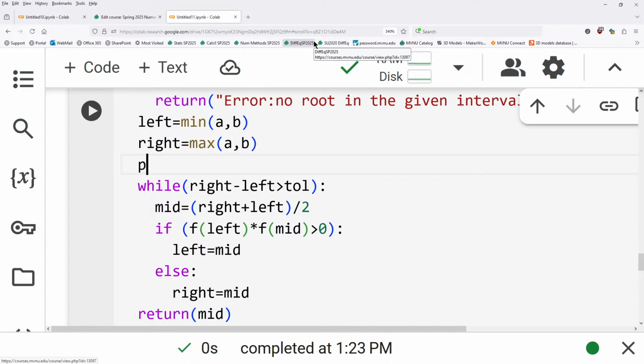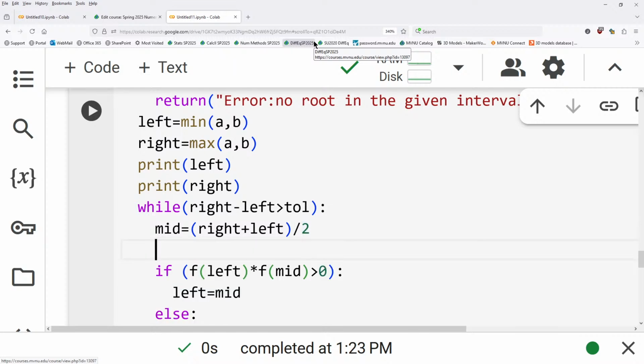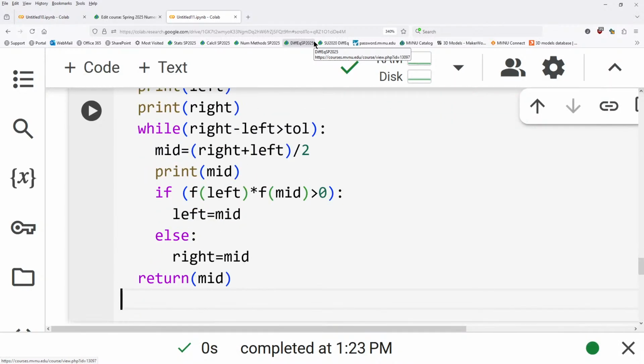Before the while loop, I'm going to put print left and print right, which honestly is kind of dumb, because those two are just A and B. So it's really not going to be very surprising, but I kind of want to keep track of the 2 guesses. And then inside my code here, right after I compute it, I'm going to say print mid. So really, all I need is the mid, the middle, but whatever.